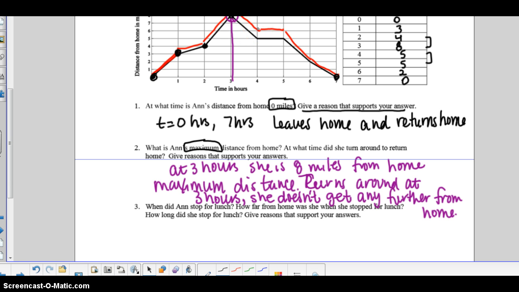Number 3 says, when did Anne stop for lunch? How far from home was she when she stopped for lunch? How long did she stop for lunch? Give reasons, support your answers. Well, it looks like she stopped for lunch at 4 hours, and at 4 hours she was 5 miles from home.